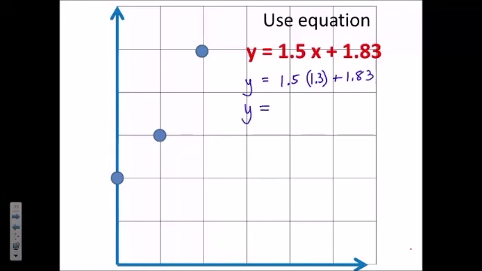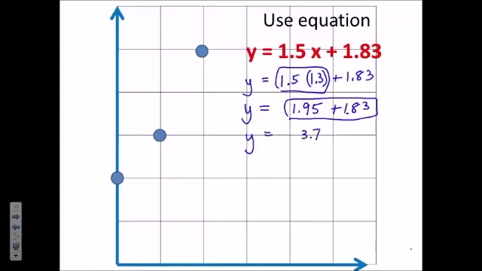So y equals 1.5 times 1.3 is 1.95. And then add 1.95 and 1.83, you get 3.78. That's about what we had before, but this is a little more exact.